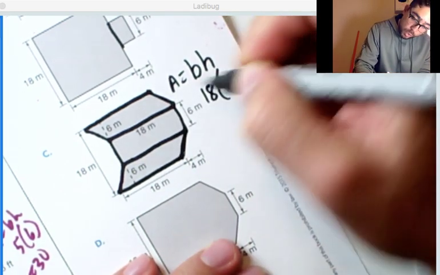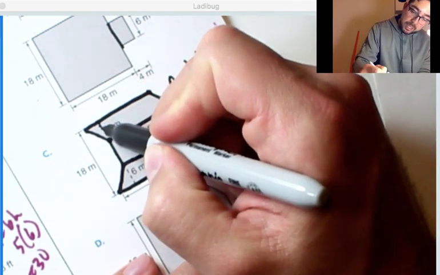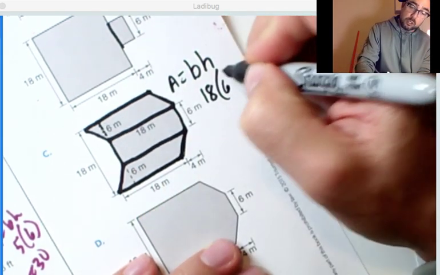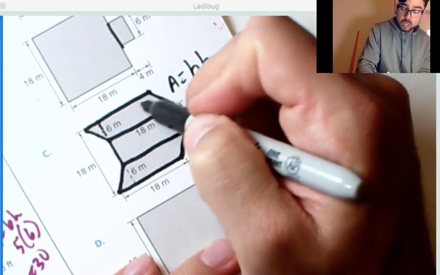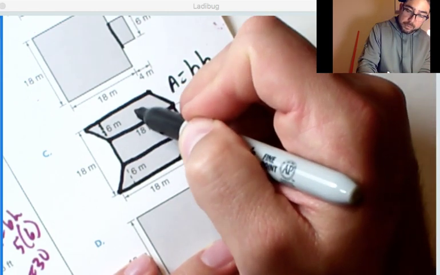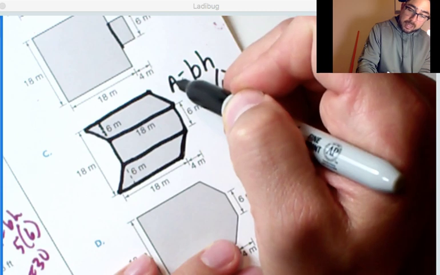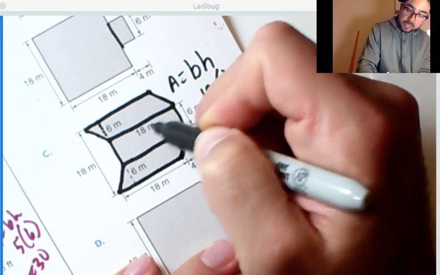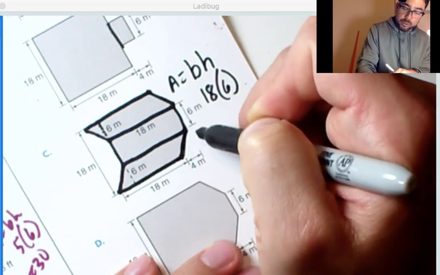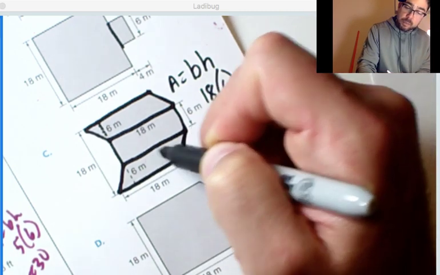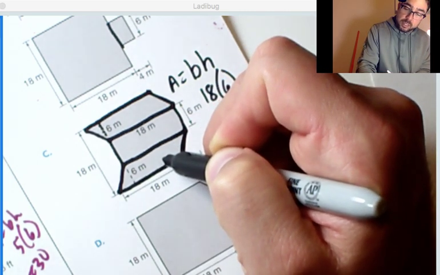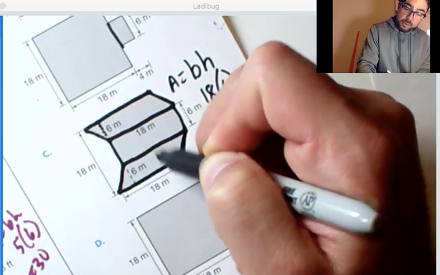And we always show that the dotted line tells us the height. The height is 6. I would multiply that. It would give me my area for the parallelogram. And then for the rectangle would be 18 times 6, base times height. Pretty straightforward. This parallelogram is congruent, so it would be the same area that we would find for this one.